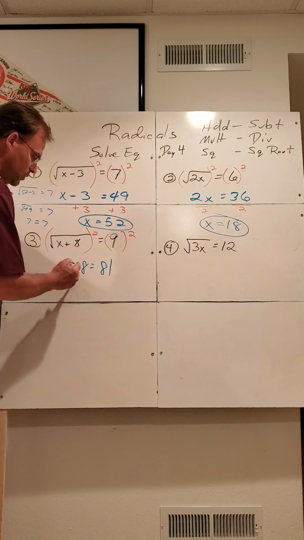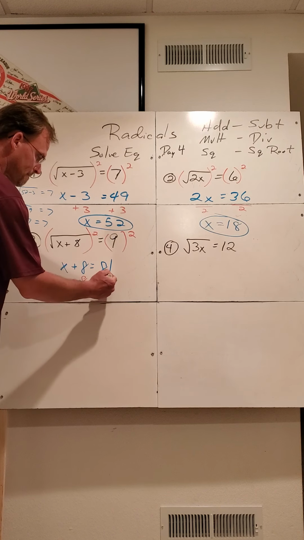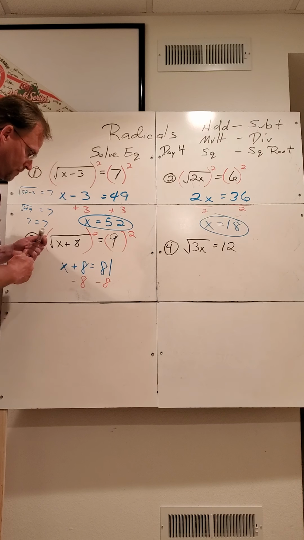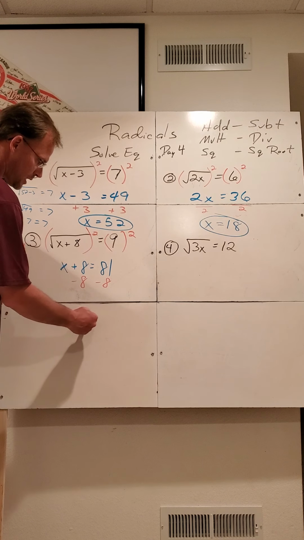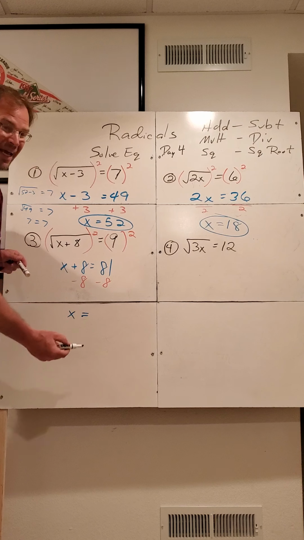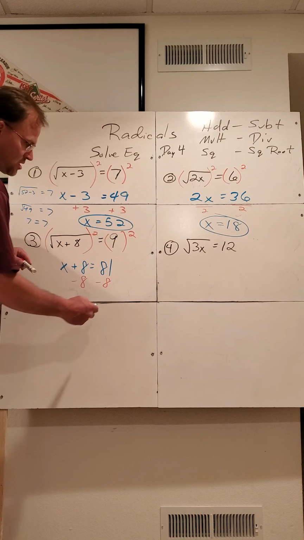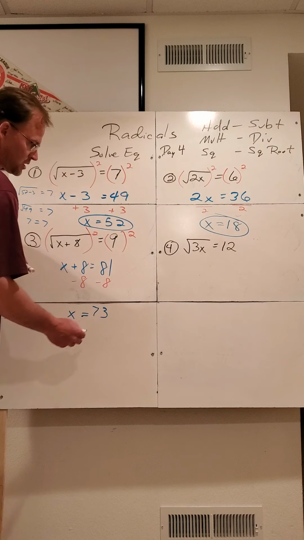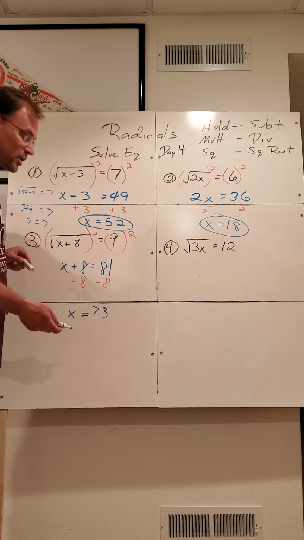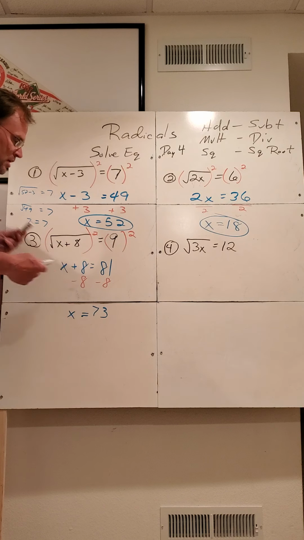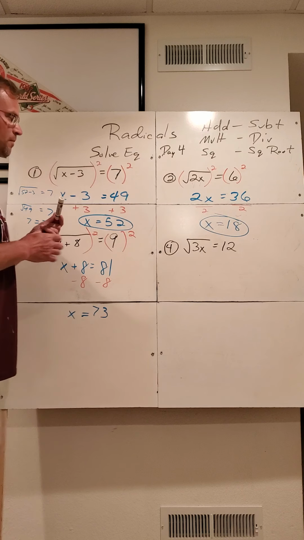Subtract 8 from both sides. x is 81 minus 8. Got a calculator? 73? Yeah, that's right. Good. So, plug it in. Bing, bang, boom. I'm good to go.